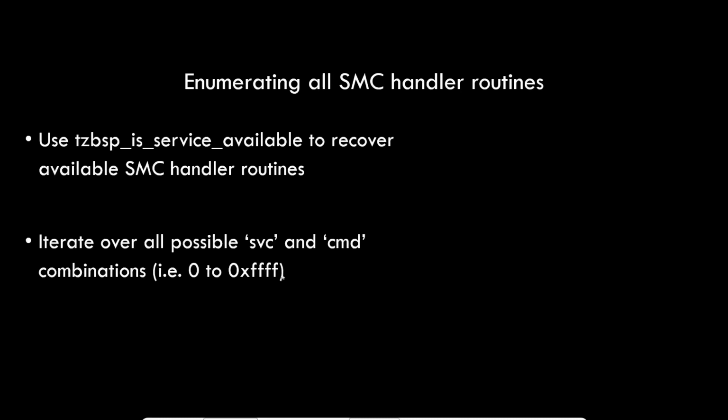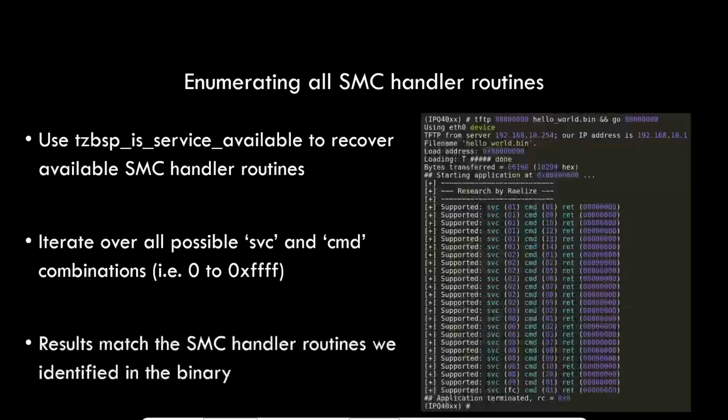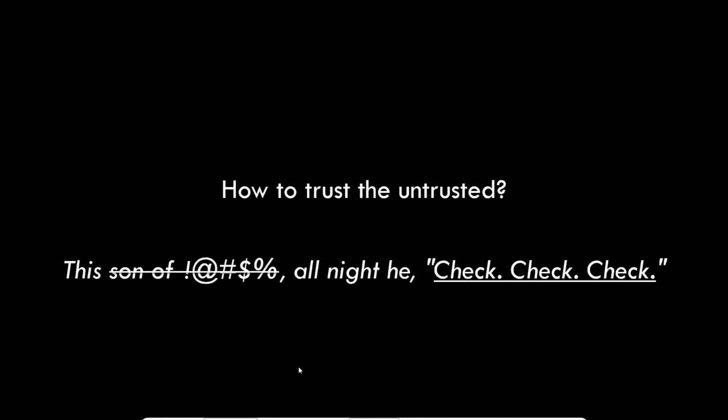So the combination is pretty easy. 64K, 65536, of course. And at the end of this brute forcing or enumeration, we are able to see that these are the only ones which are supported in this version of QSEE. And the result matches with the SMC routines that we identified in the binary in the table.